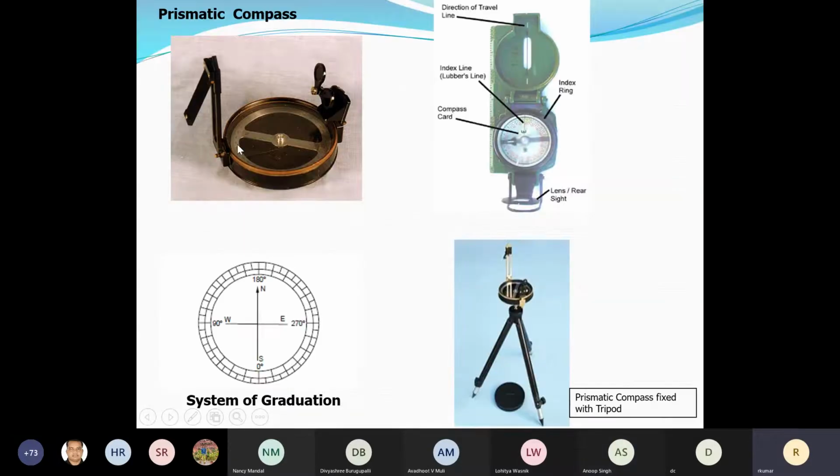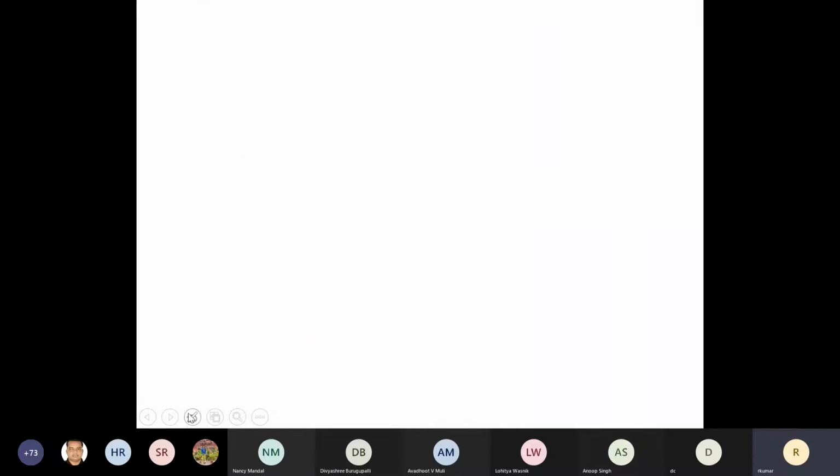I think you're able to see this white slide. Yes, sir. Good. This is your point A. This is your point B. This is your main station. Suppose this length is 100 meters.